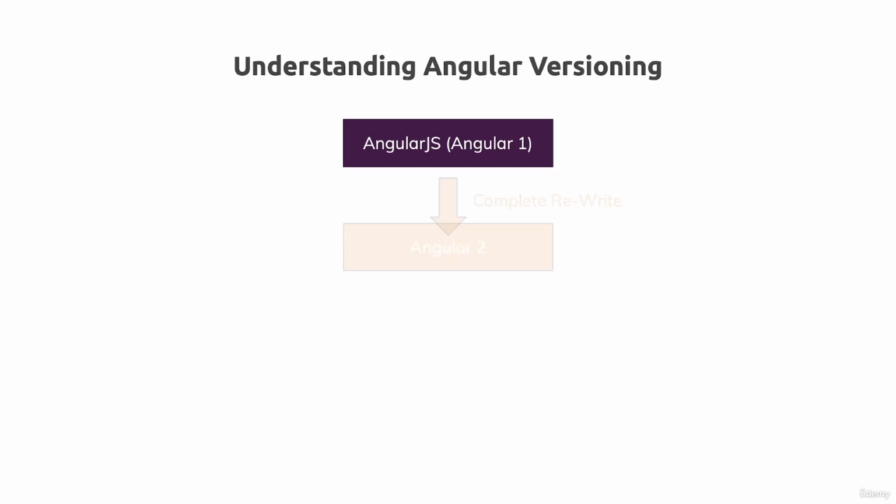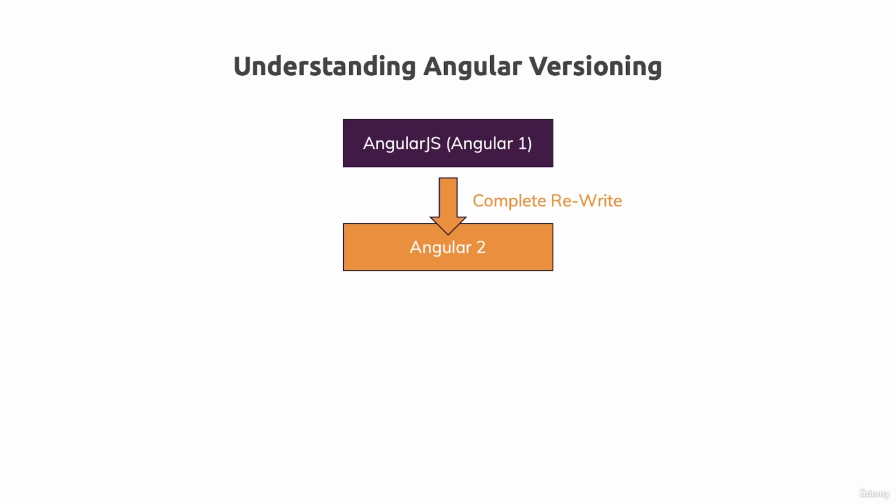And therefore, they completely rewrote it, and the result of that was Angular 2, which was released in 2016. Now, Angular 2 is a totally different framework than Angular 1, and nowadays, unless you have a really good reason, you shouldn't use Angular 1 anymore.